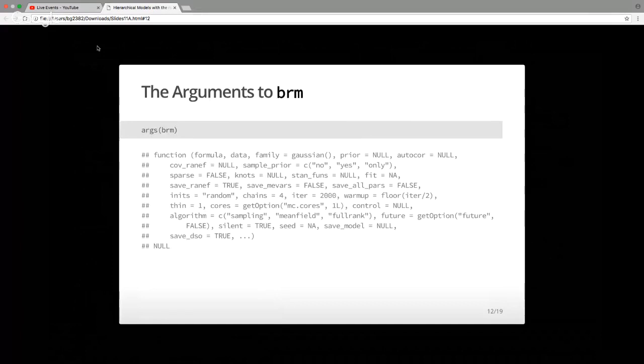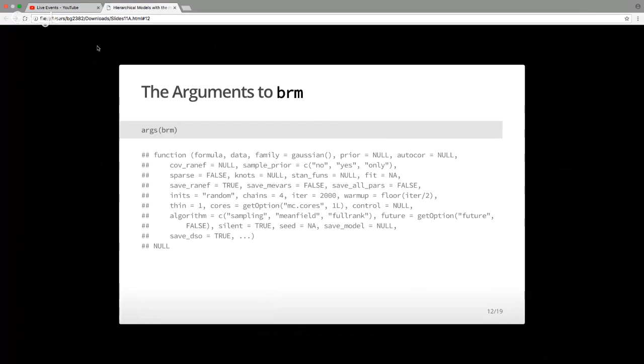So there's a formula, there's a data frame that contains the variables in the formula, there's a family which basically specifies the likelihood. There's this prior argument, which we'll talk about in a second, where you specify the priors on all the parameters in the model using Stan syntax, and there's a whole bunch of other arguments that pertain to particular characteristics of particular models that can be estimated via the brm function using Stan as a backend.